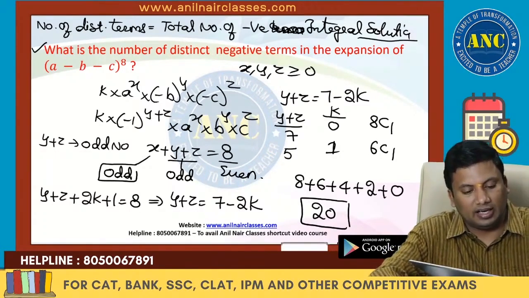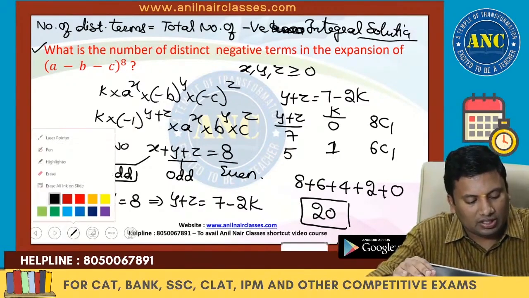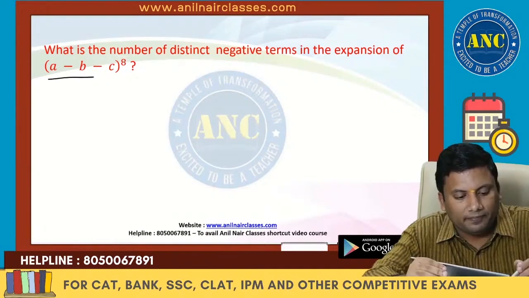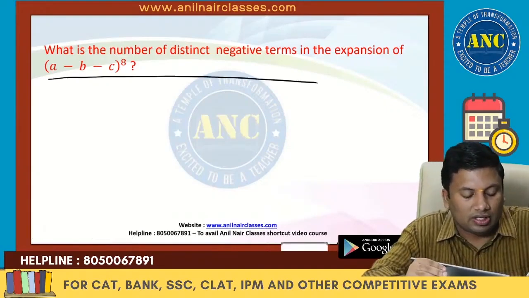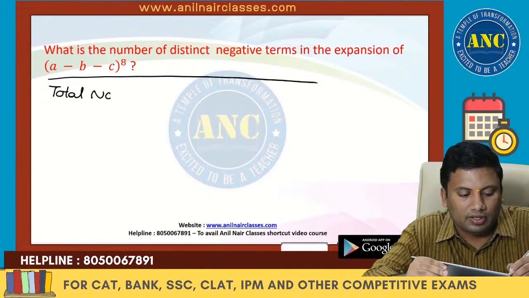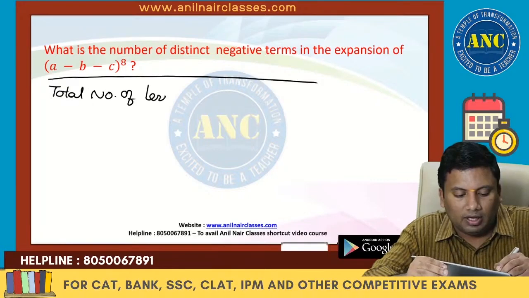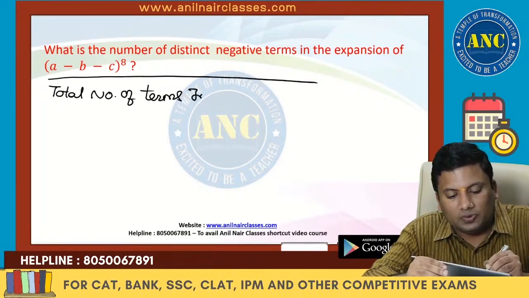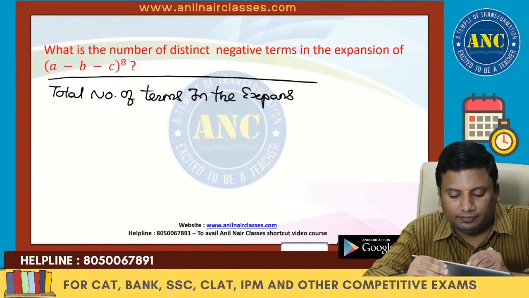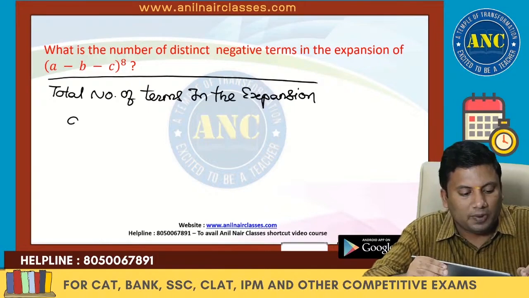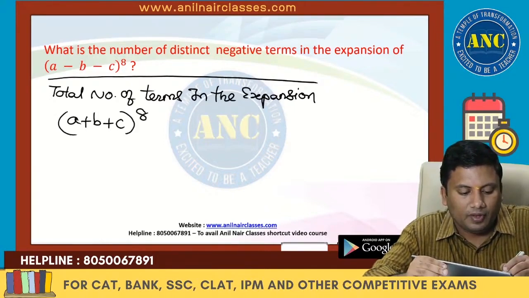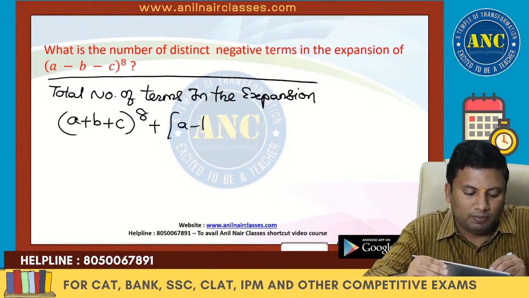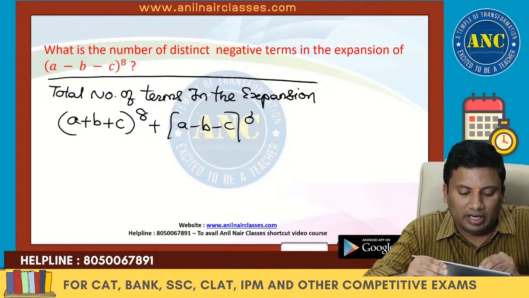Now, in the examination, the question that is asked is, find the total number of terms in the expansion of a plus b plus c power 8 plus a minus b minus c power 8.